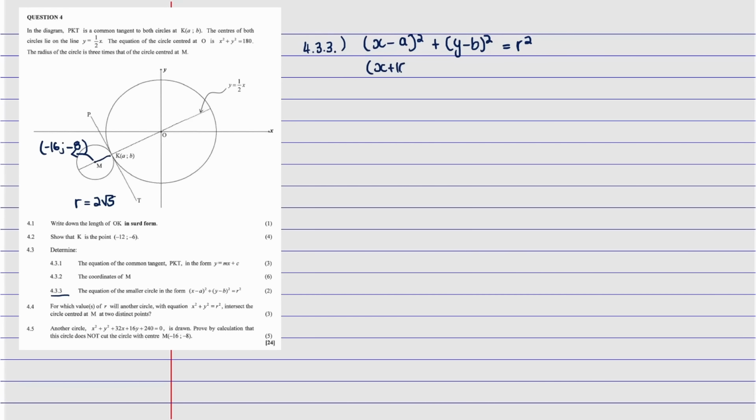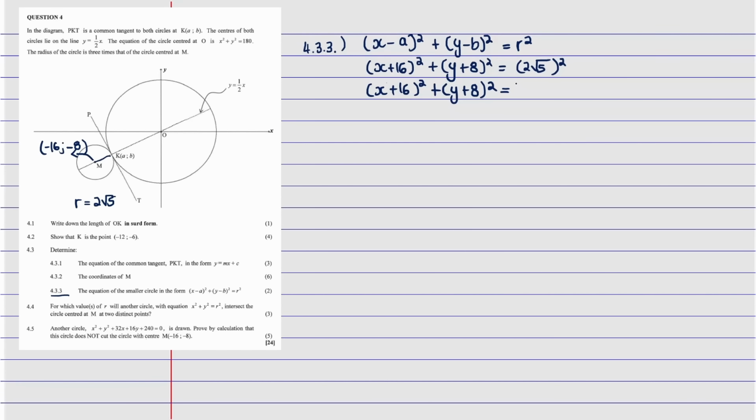So it's going to be plus 16 squared, then plus y plus 8 squared equals 2 root 5 all squared. So this is the same as x plus 16 all squared plus y plus 8 all squared equals, open bracket, 2 root 5 all squared.